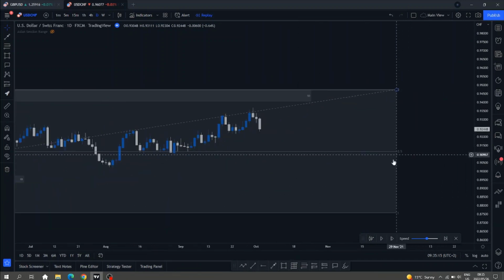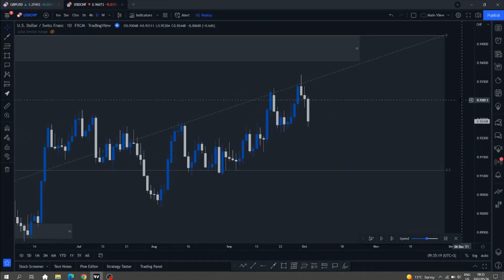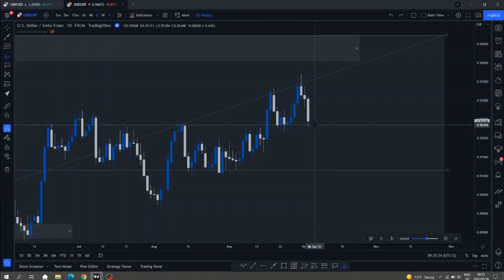It did not quite reach our demand zone, but it's already giving us indications that there's a potential change of character occurring here. So remember what we said during the theoretical part of this video. We said that as soon as you have a break of structure that is quickly followed by a reversal, it is an initial indication that we could be seeing a potential trend change here, right?